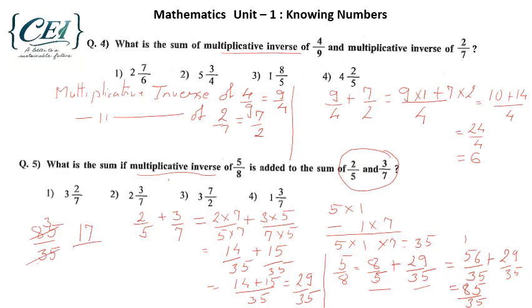Now 17 is the numerator, so you divide 17 by 7. 7 twos are 14 and the remaining is 3. The answer is 2 integer 3 by 7. Correct? So this is the answer.